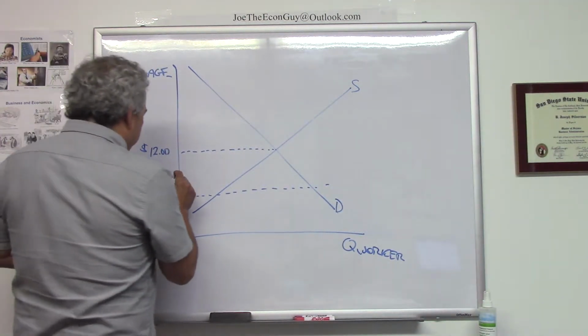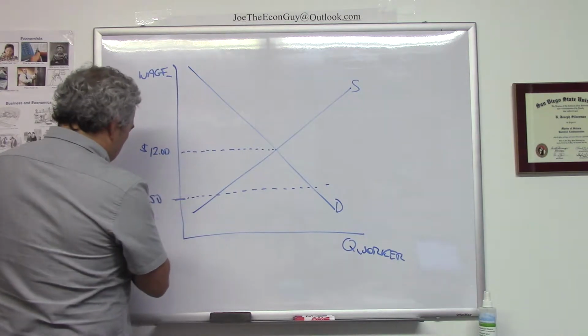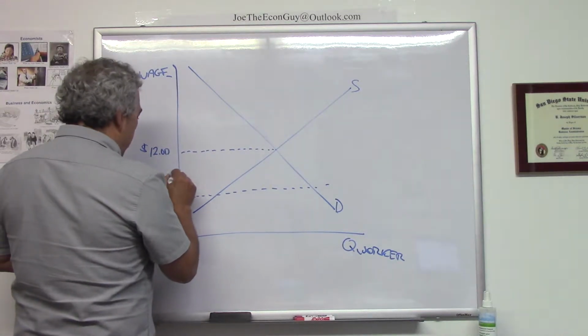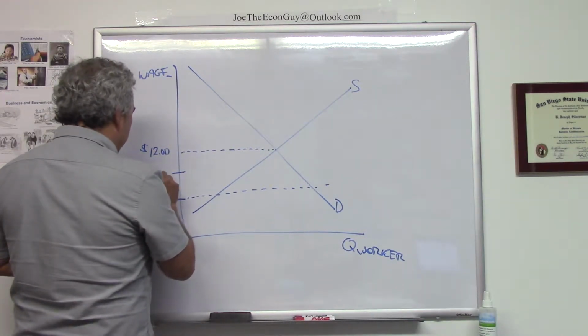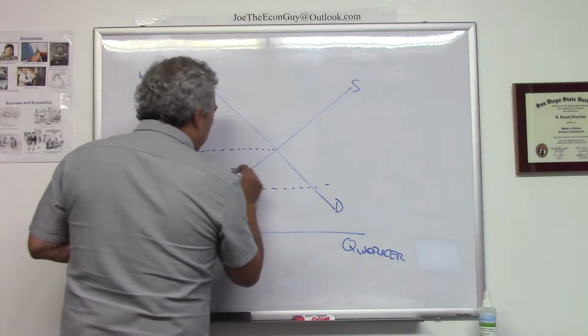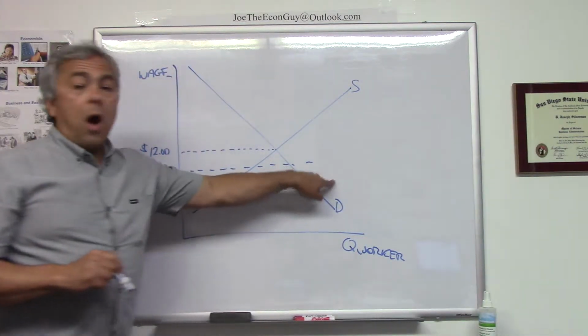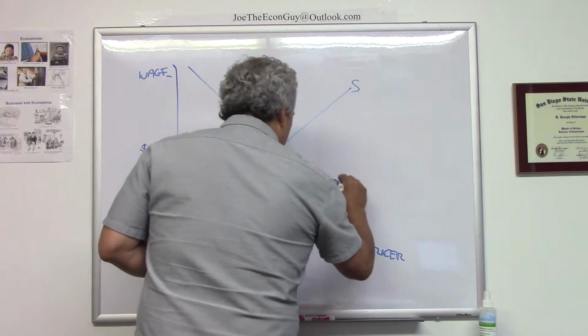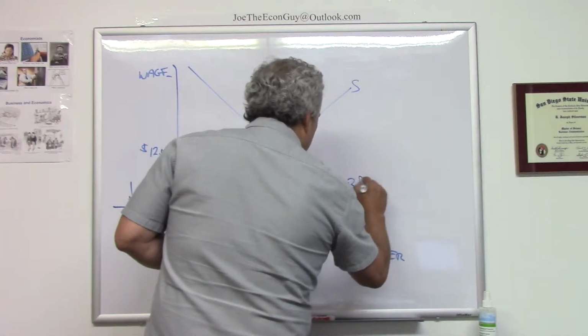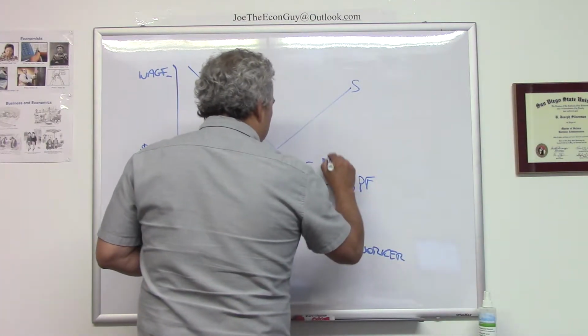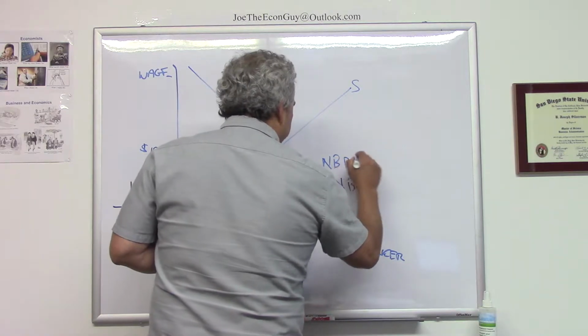Why is that? Because if we raise the minimum wage, this price floor, let's say from $9.50 an hour to $11 an hour, what have we essentially done? We've gone from one non-binding price floor to another non-binding price floor.